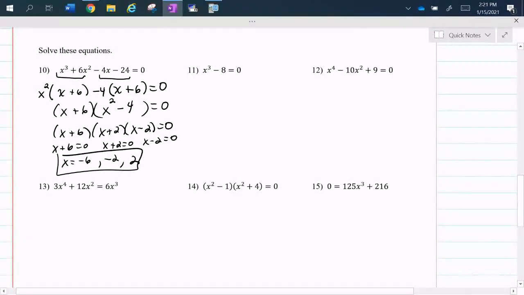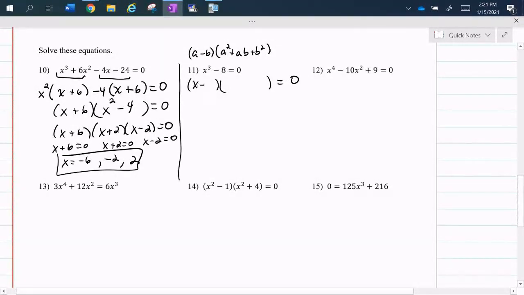So we can do that again for number 11. For number 11, though, we're not going to factor by grouping. I think I see the difference of 2 perfect cubes. So my formula here is (a minus b)(a squared plus ab plus b squared). So I'm going to make a binomial times a trinomial.